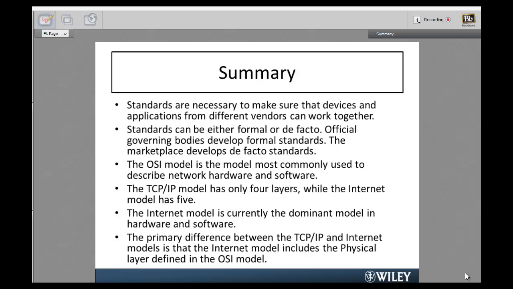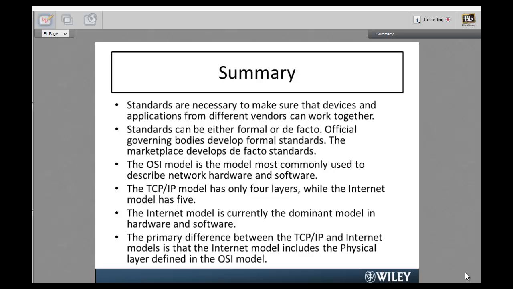We should have standards always. Standards are very necessary in the internet and networking in general, because whenever you have something of data communication, you need to agree on how you can communicate.